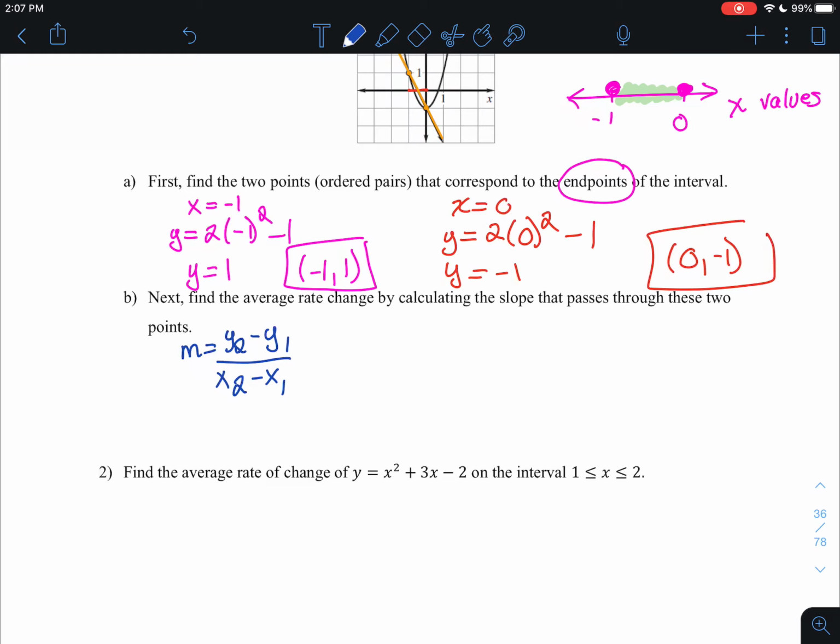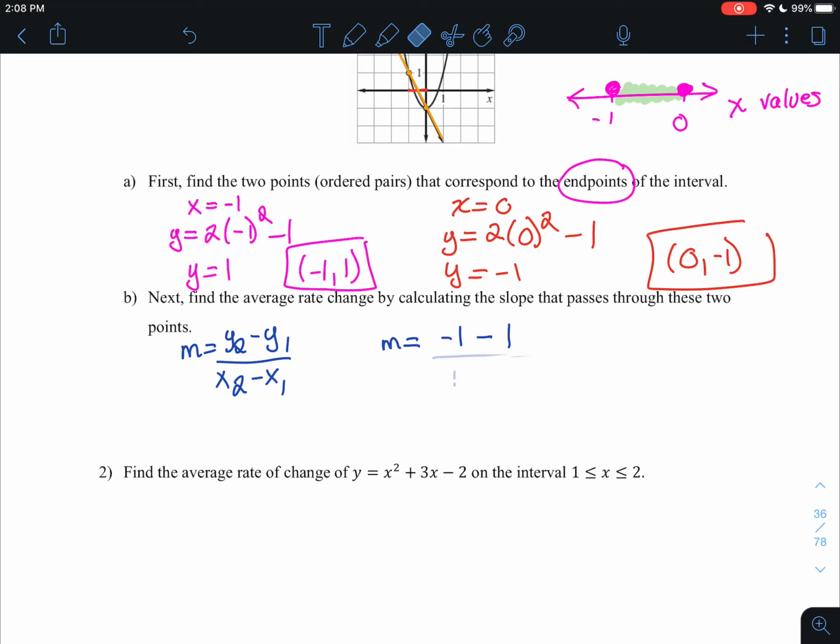So for our purposes, let's say that the pink is x1, y1, and the red is x2, y2. So m is equal to -1 minus 1 all over... Did I mess that up?